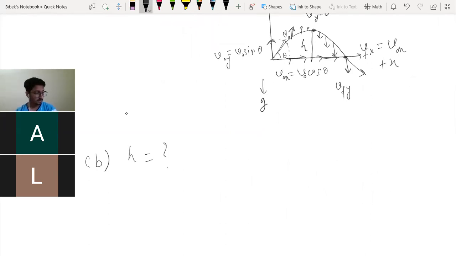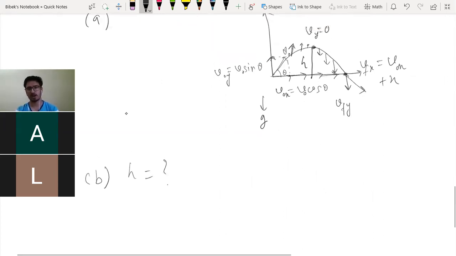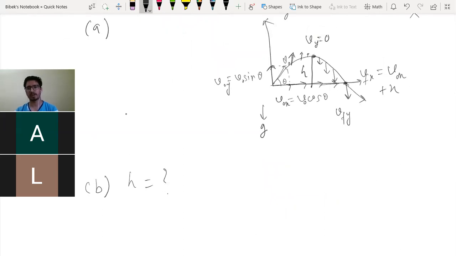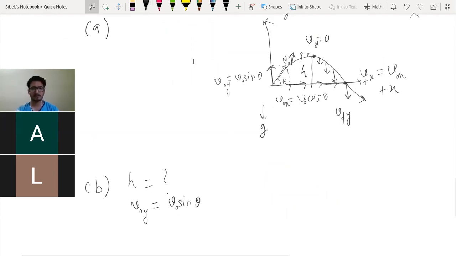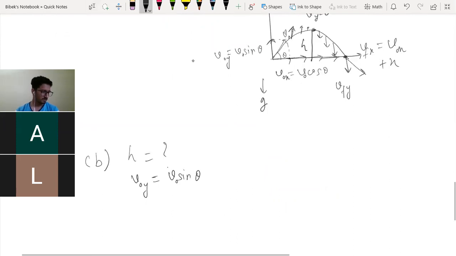So what is h? You have the initial velocities, and since the height travelled is along the y-axis, we don't need to care about the x-axis velocity. So the initial y-axis velocity v0y is v0 sine theta, and that equals 14.7 meters per second.